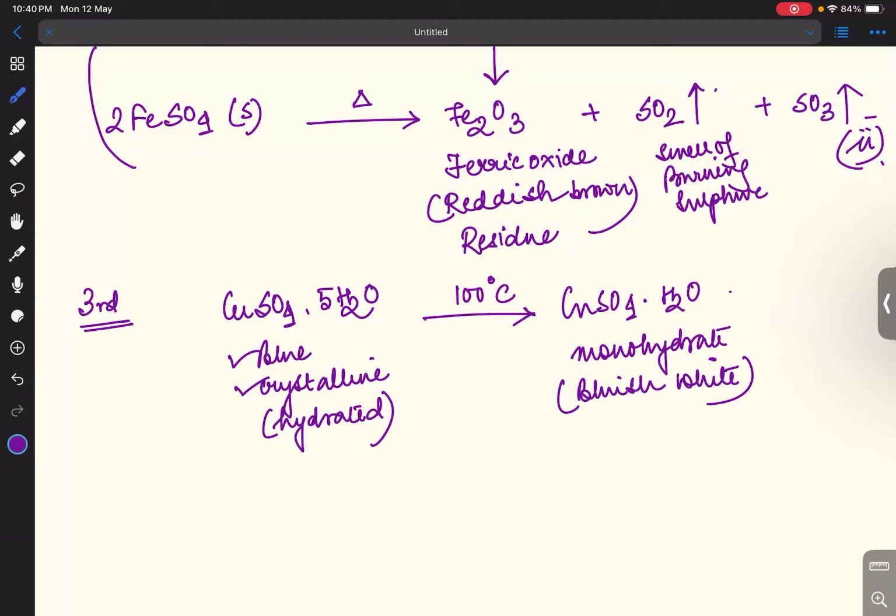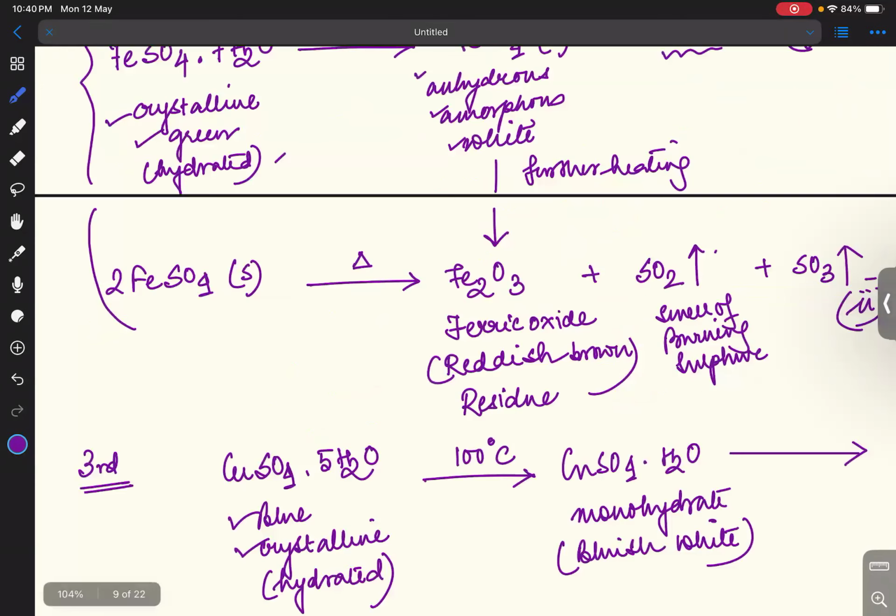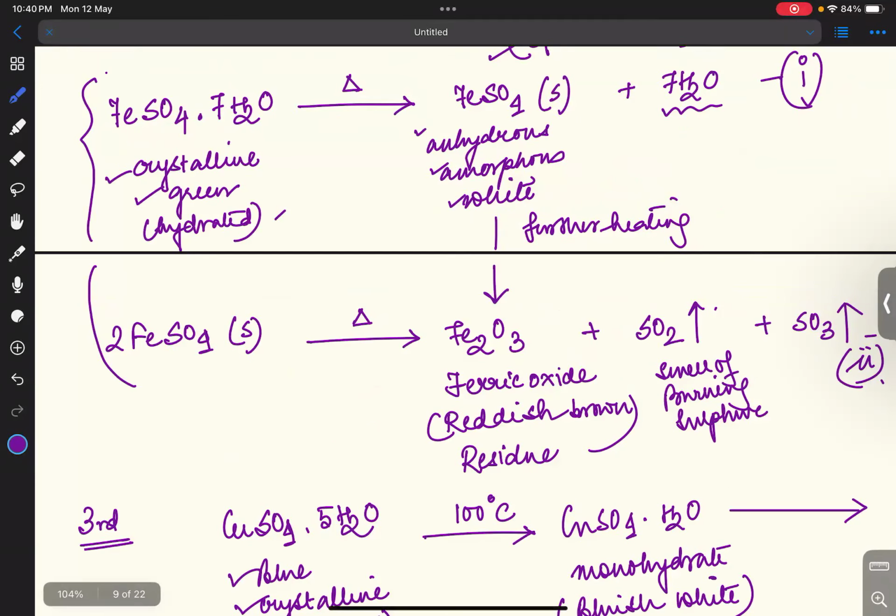Just a minute, ma'am. In the previous reaction, when we first heated it, the amorphous was actually the residue in the first time when we heated the ferrous sulfate? No, this is not residue. When the salt is actually breaking down, then this becomes the residue in the test tube.